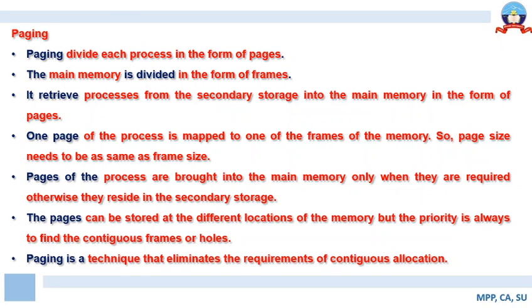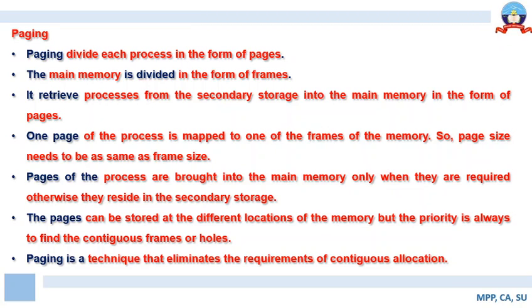So paging is a technique that eliminates the requirement of continuous allocation, because in the traditional way of allocating memory to the processes, whenever processes were brought onto the main memory, they were brought in entirety and stored in continuous memory location.